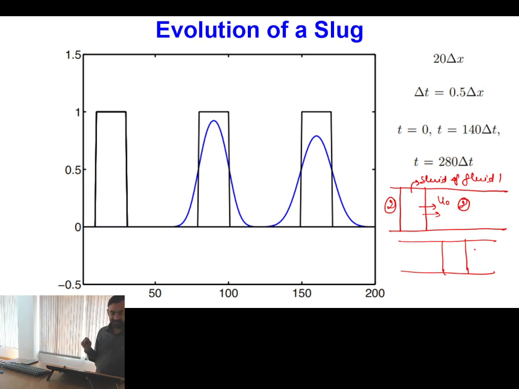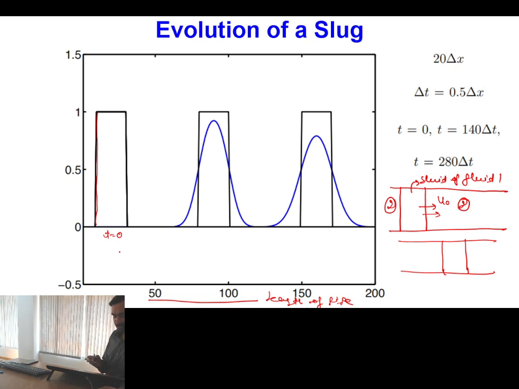So physically, if you plot its location as a function of length of the pipe, say this is my length of pipe, at some time t equal to 0, the height function or the color function of this slug was represented by something like this.